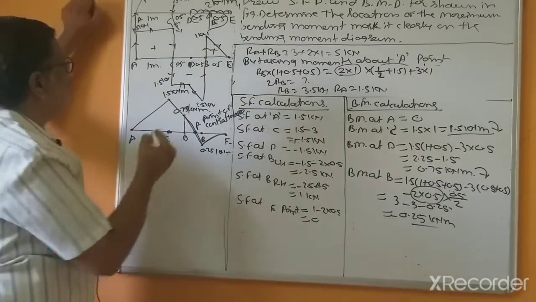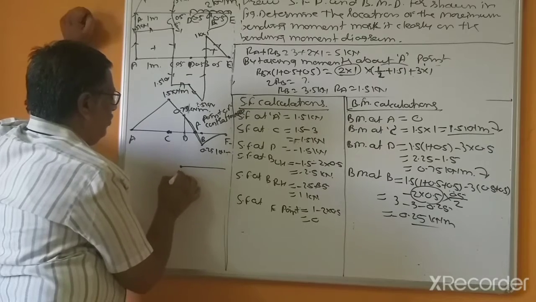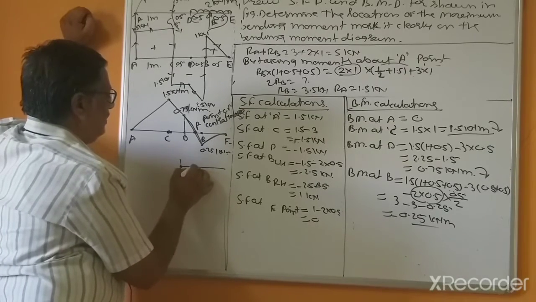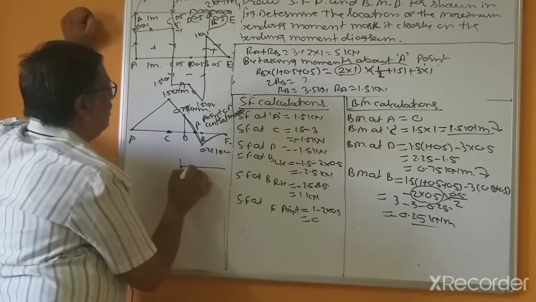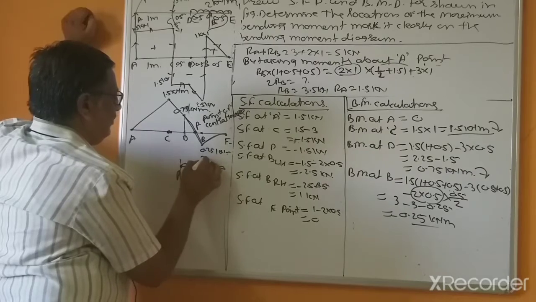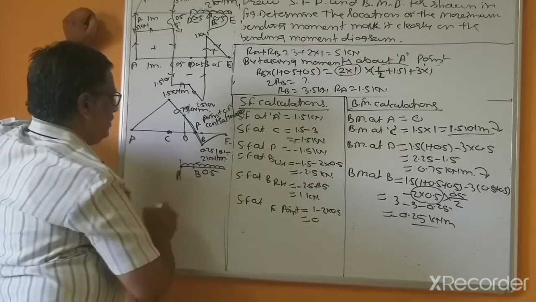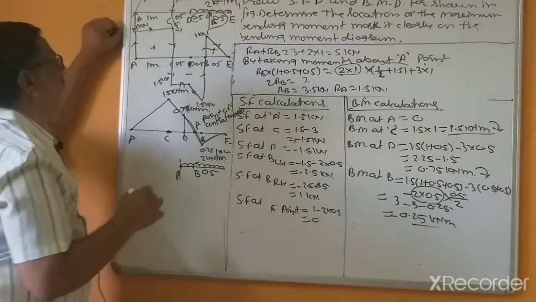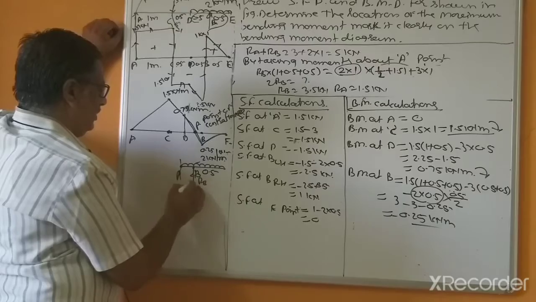This distance P point, and this is B point, 2 kilonewton per meter. This distance 0.5, and this is RB.